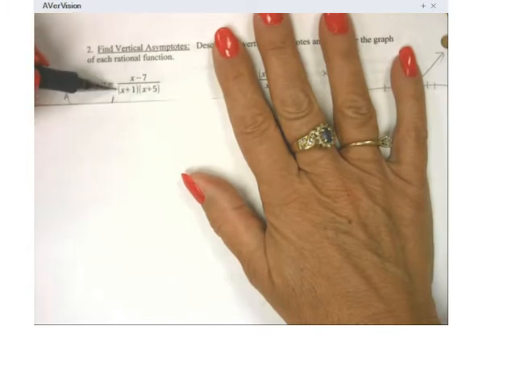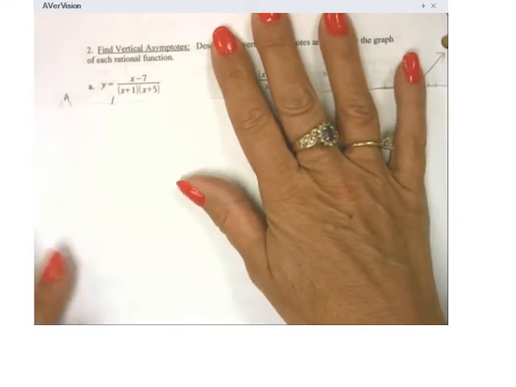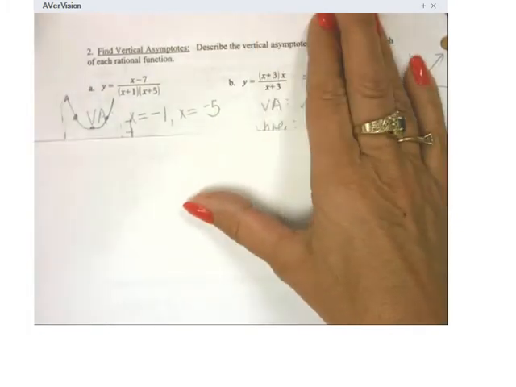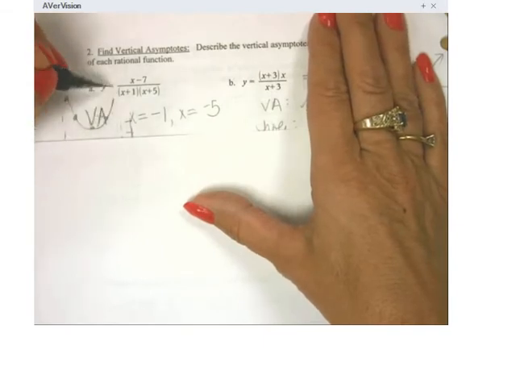Now we're going to graph a few things, as I said earlier. So we have a couple functions here. Let's look at this first one. Well, I'll get it on the screen. There we go. And I already factored it for us. And notice if I plug negative 1 in place of x, I have my denominator turn to 0. And if I plug in negative 5 in place of x, I have my denominator turn to 0.